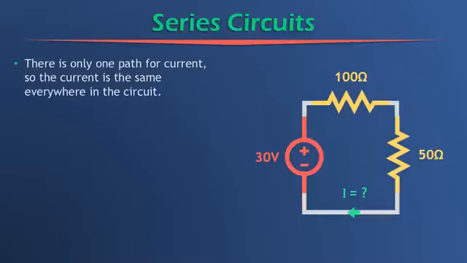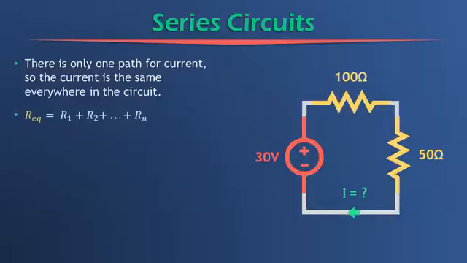In a series circuit, there's only one path for current to flow, and that's because there's only one loop here. Where else could the current possibly flow, and how could it possibly be different at different points in the circuit? So we could test for current here, and the same value for current will be found here, and the same value for current will be found here.